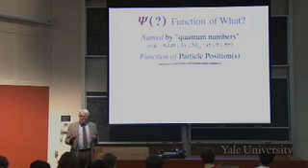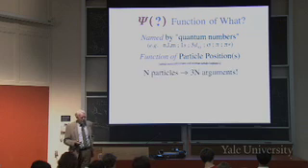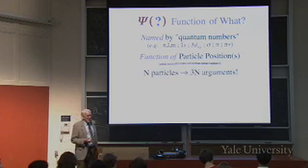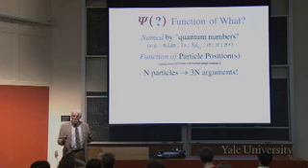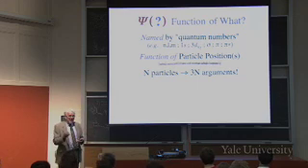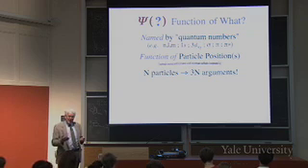So for our purposes, it's just a function of position. So if you have n particles, how many positions do you have to specify to know where they all are? How many numbers do you need? You need x, y, z for every particle, so you need 3n arguments for psi.